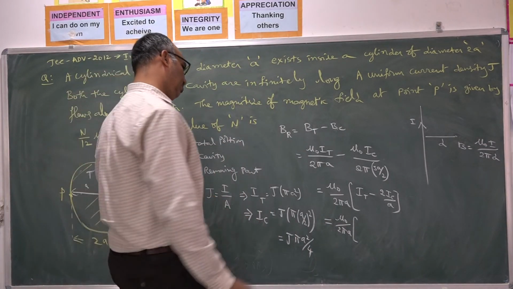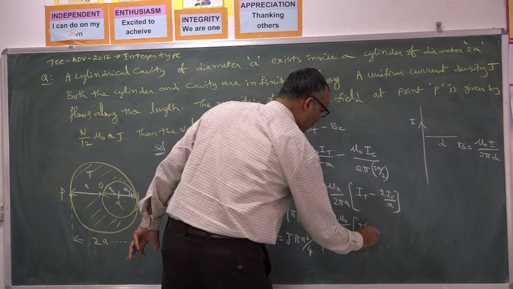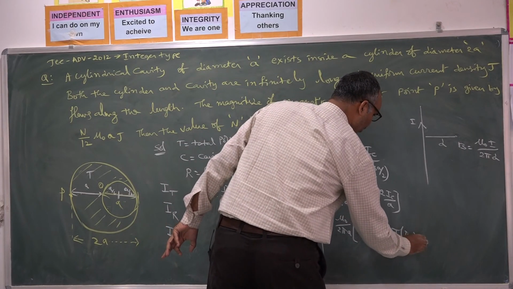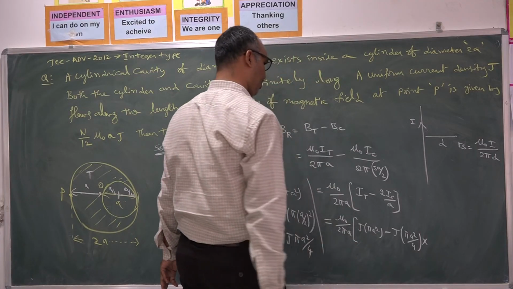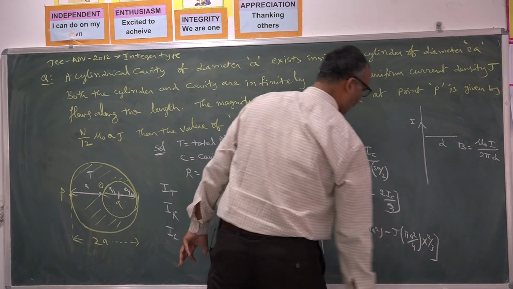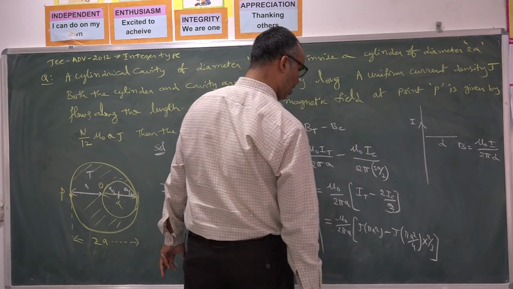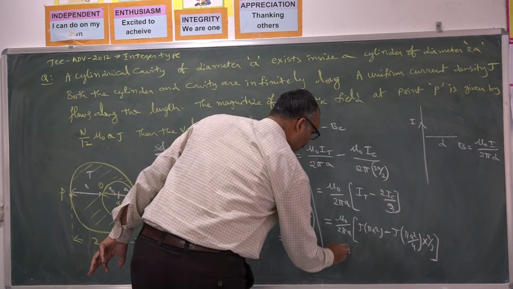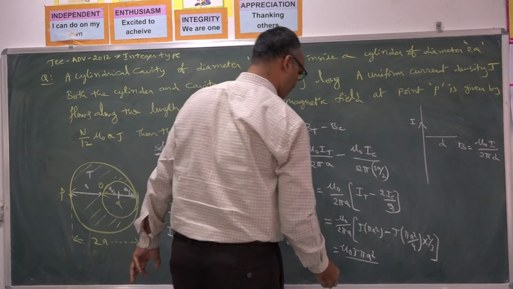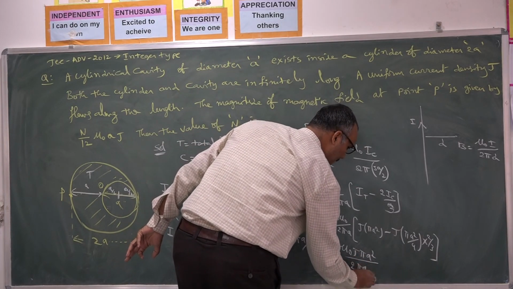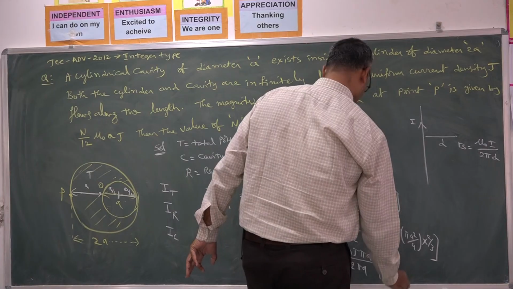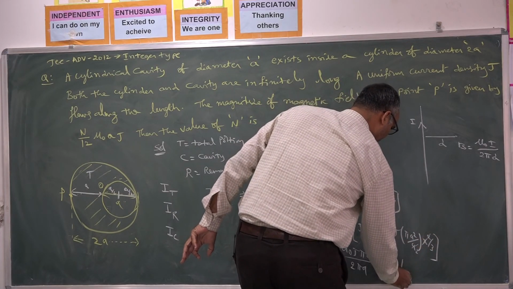IT is J into pi A square, minus J into pi A square by 4 into 2 by 3. If I take J pi A square as common, mu naught J pi A square by 2 pi A, 1 minus 2 times 1 by 12, that is 1 by 6.